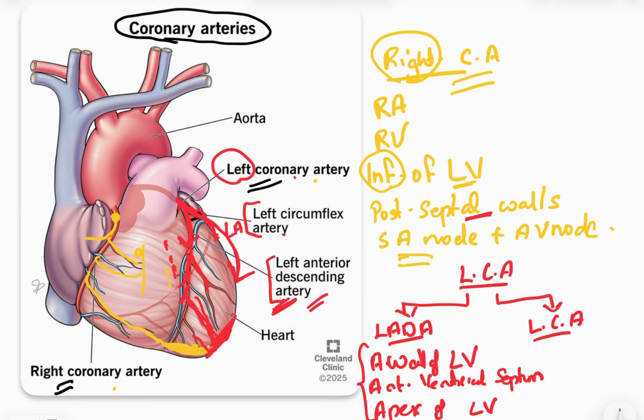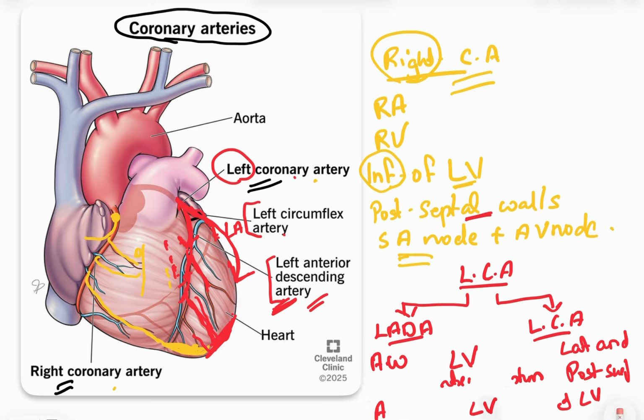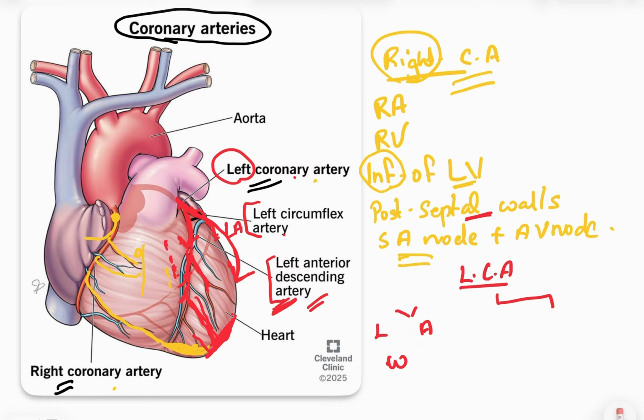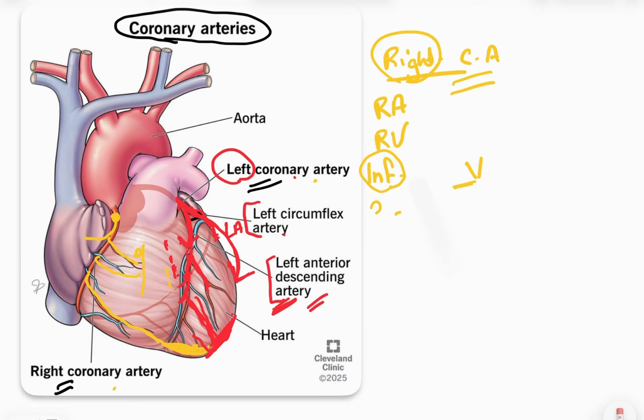So obviously it supplies the lateral and posterior surface of the left ventricle. Okay, I hope you got an idea. We will say it again once more so you can refresh and get more idea about the topics.